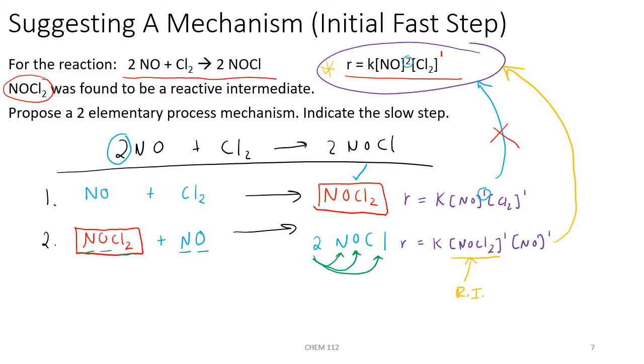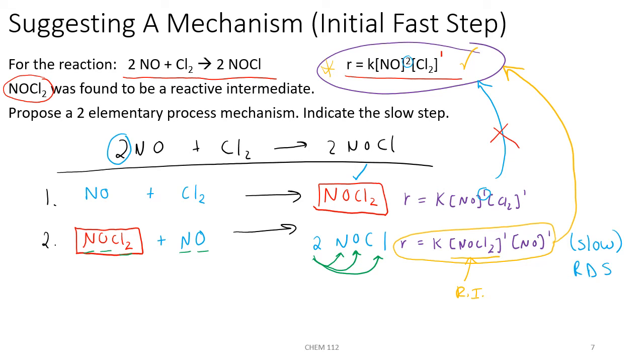We could use algebra and rearrange this rate law for our second step, and it would actually match the rate law for the original reaction, but without including the reactive intermediate. So your overall rate law will never match step number 2 because you have a reactive intermediate there. But when it doesn't match step number 1, by default we can say that the second step must be the slow step or the rate determining step.